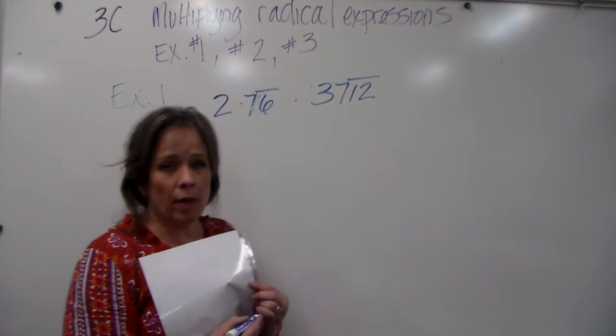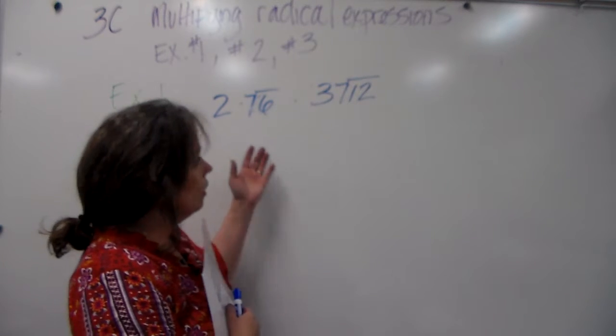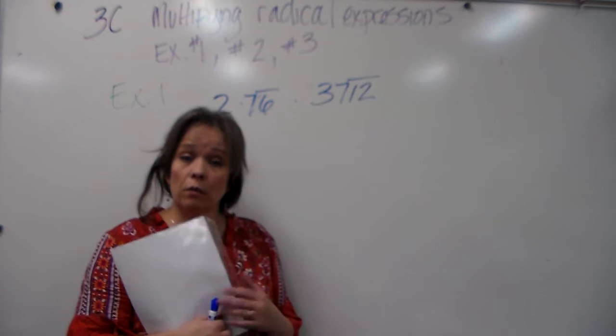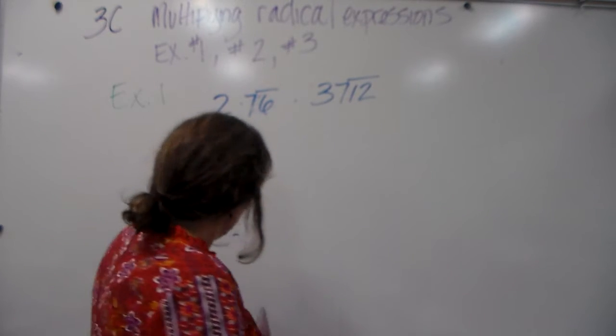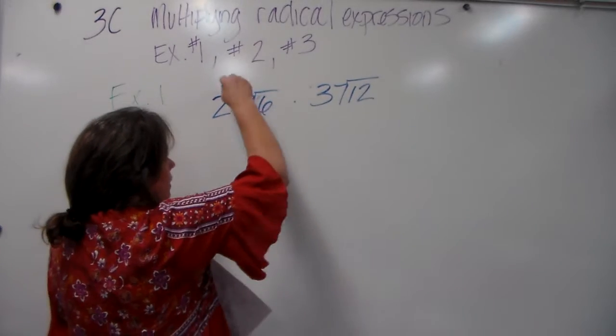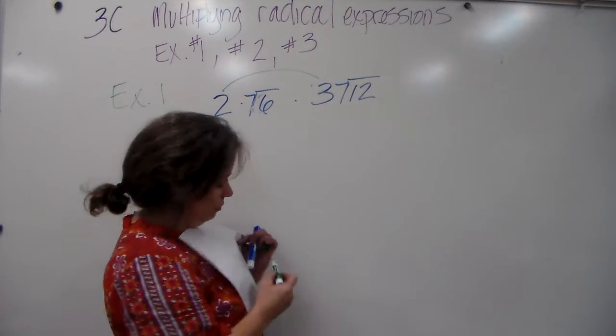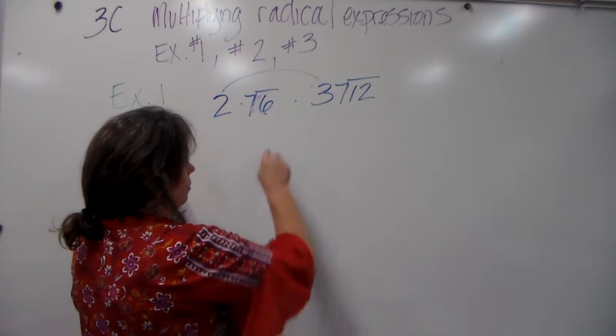And when we're multiplying radicals, of course, we've got different rules than when we're combining terms or adding and subtracting. So we want to remember that we're going to multiply outside terms with outside terms and inside terms with inside terms.